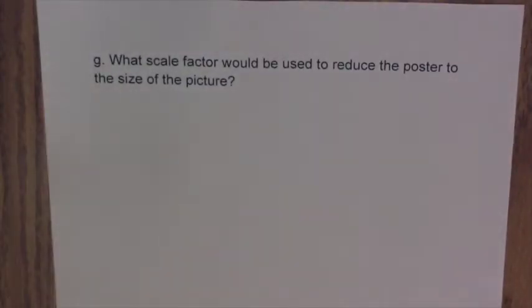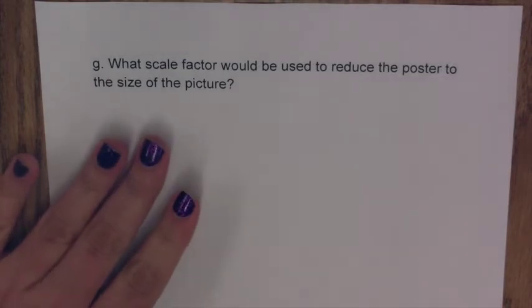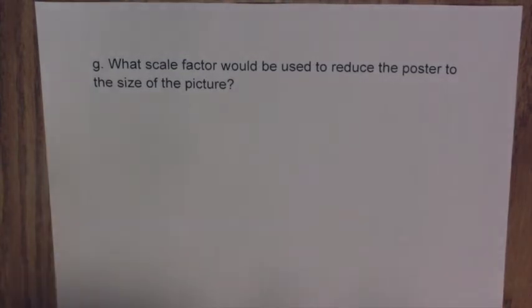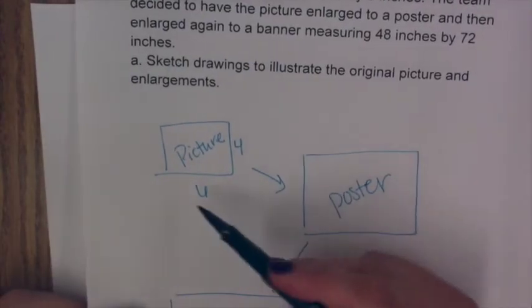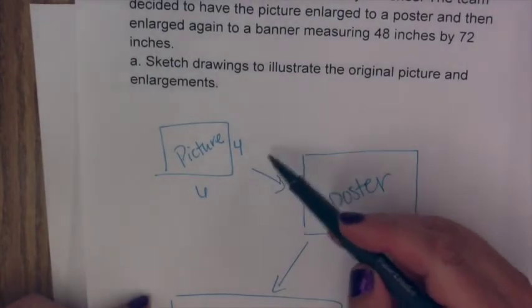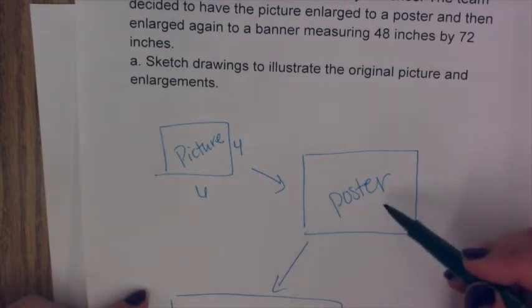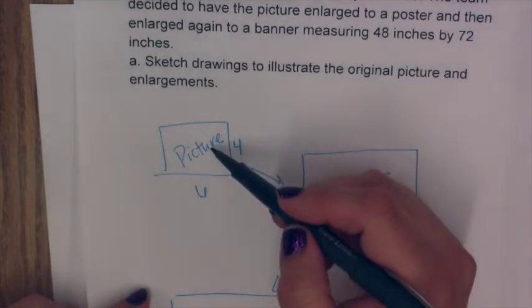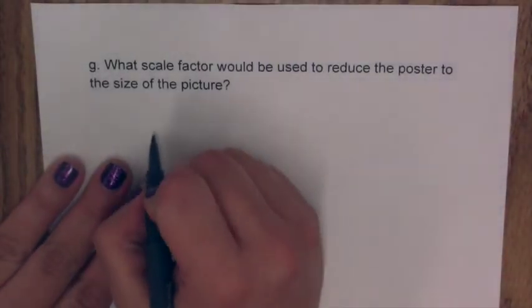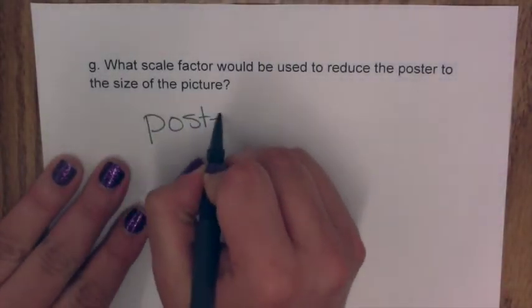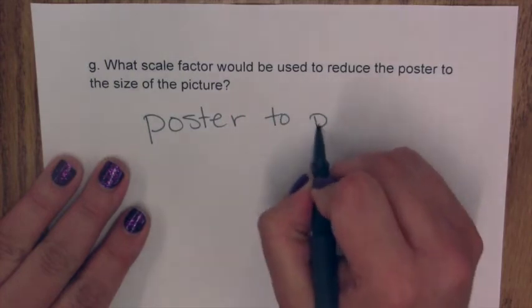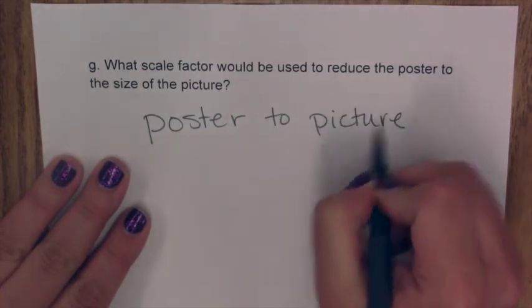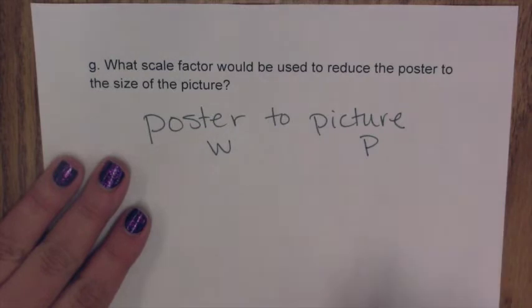And what scale factor would be used to reduce the poster to the size of the picture? So again, we go back to our picture. You can pick either sides, the long ones or the short ones, but we're going from our poster to our picture. And again, I'm going to pick the shorter sides to use. All right, poster to picture. Our whole to our part.